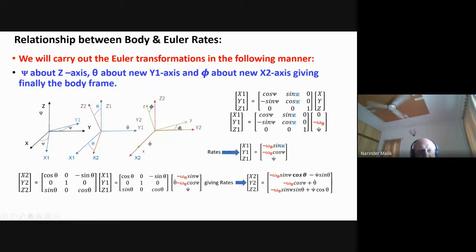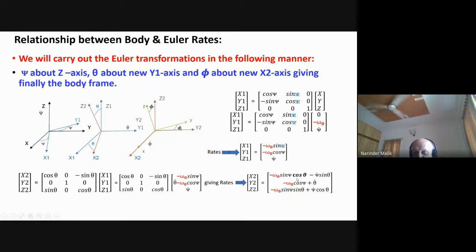This is the transformation, and after the theta rotation it becomes x2, y2, z2. Now x1, y1, z1 are the rates. I substitute in this rate, so I get the rates about the x2, y2, and z2 axes like this.